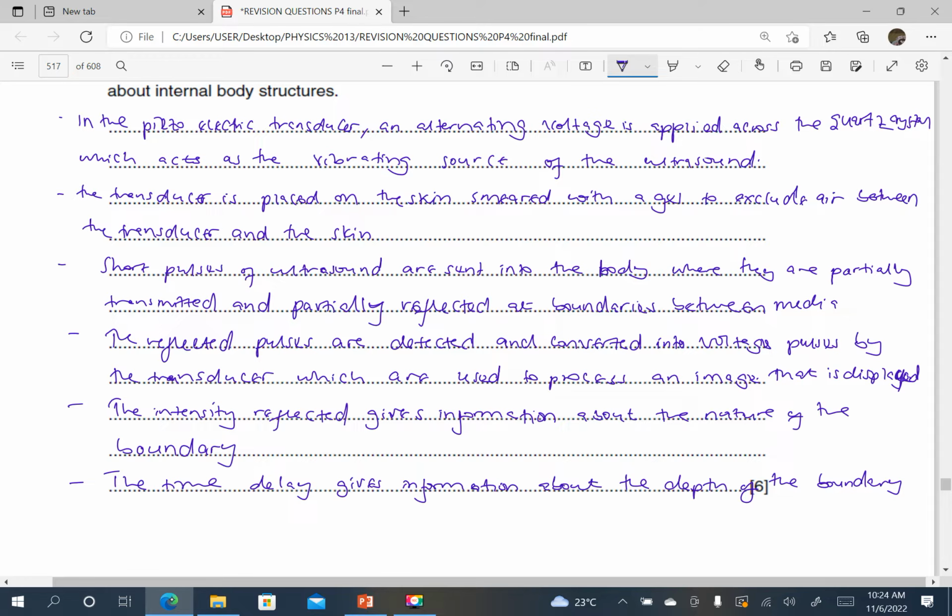The intensity reflected gives information about the nature of the boundary.